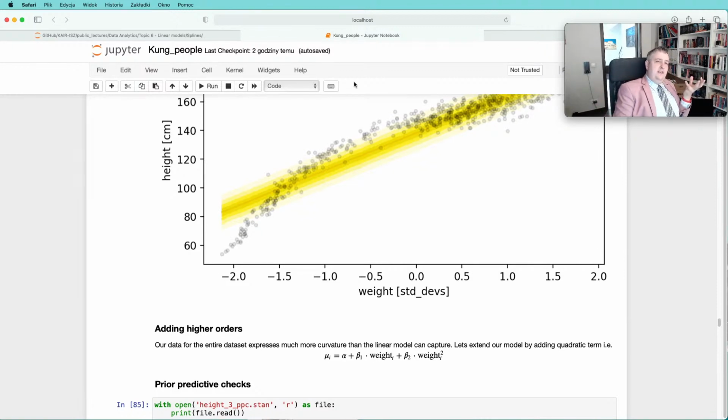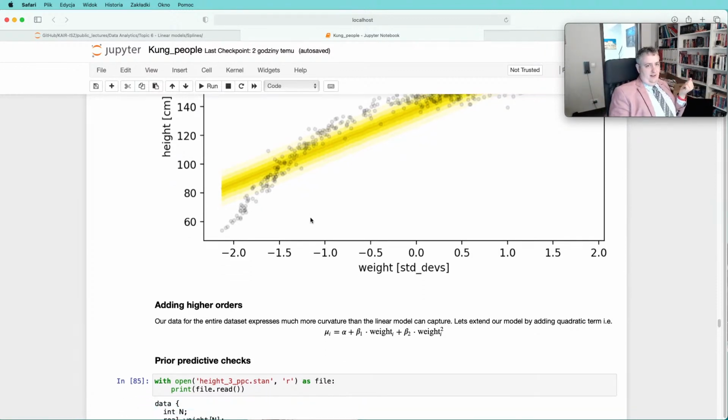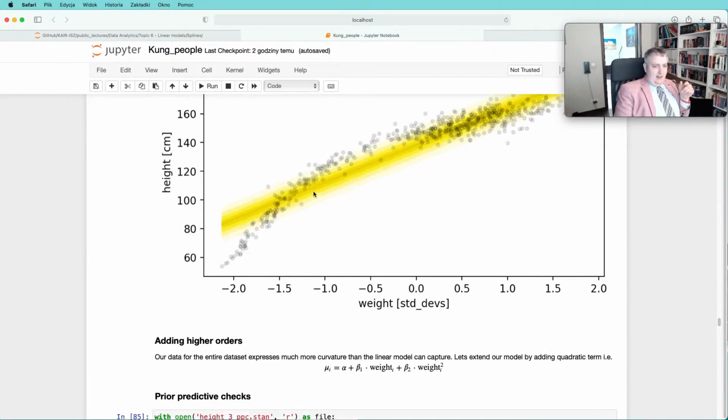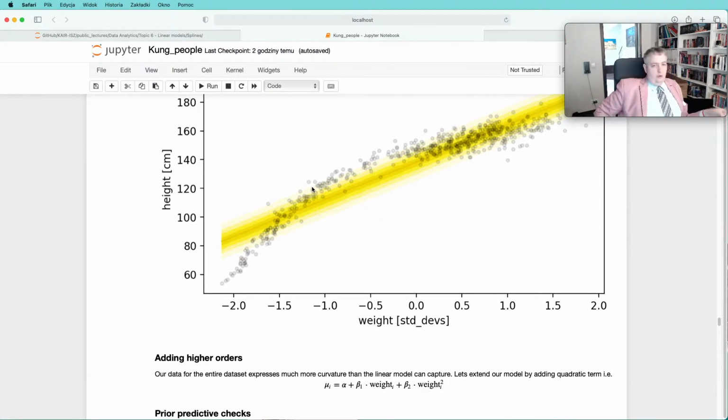This behavior is certainly not linear, but it doesn't mean that we cannot use a linear model to capture it. It will be a linear model, however, with respect to parameters. The predictors are generally values from some kind of table, and they can be prepared a priori. So we can take weight, and for example add a square of weight, which might be advantageous because here evidently we get a curve.